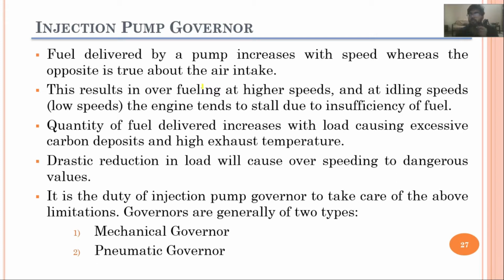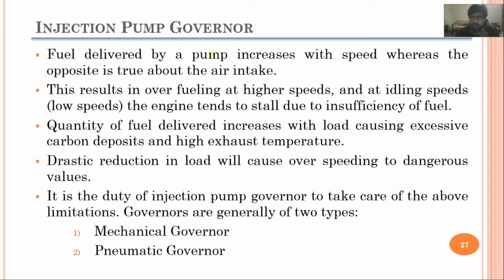As I mentioned in the earlier videos, the purpose of the governor in the mechanical injection system is basically to control the speed, or you can say control the amount of the fuel.